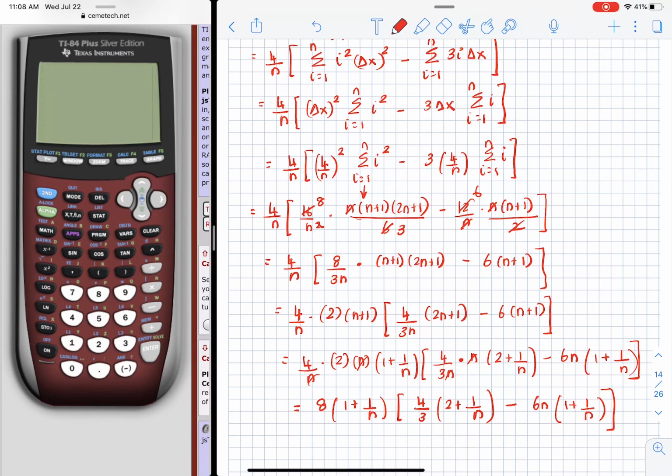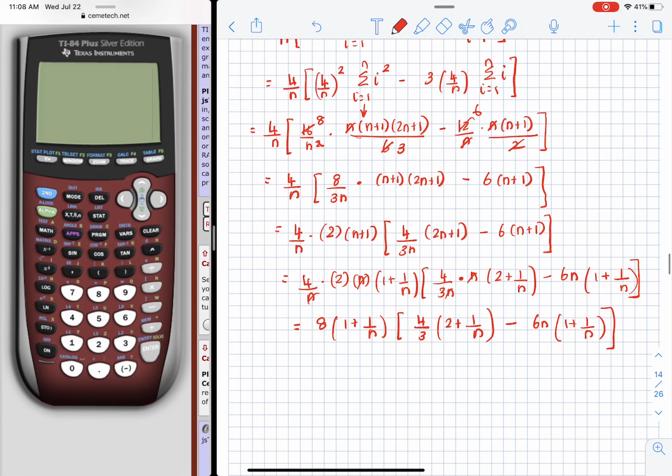I feel like I made a mistake here somewhere. I see. When I pulled the n plus 1 out, I pulled it out of the first term, but I didn't do it here. So it should just be 6, so that term will not be there.